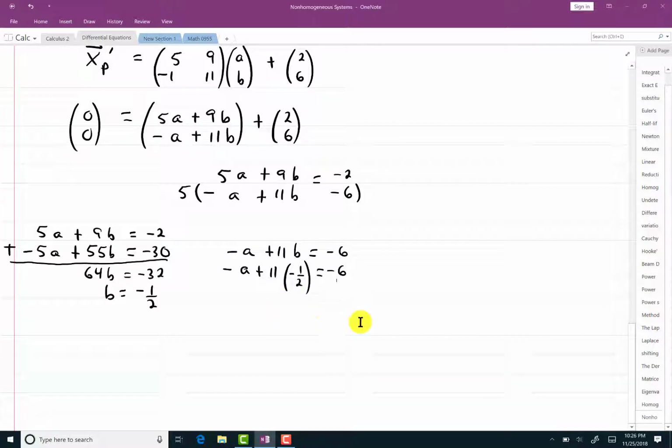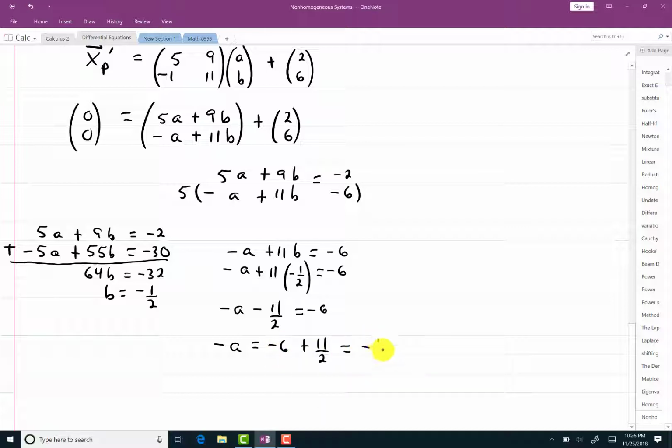We have negative a minus 11 halves equals negative 6. Let me add the 11 halves to the other side, so I get a equals negative 6 plus 11 halves. And negative 6 you can think of as negative 12 over 2.